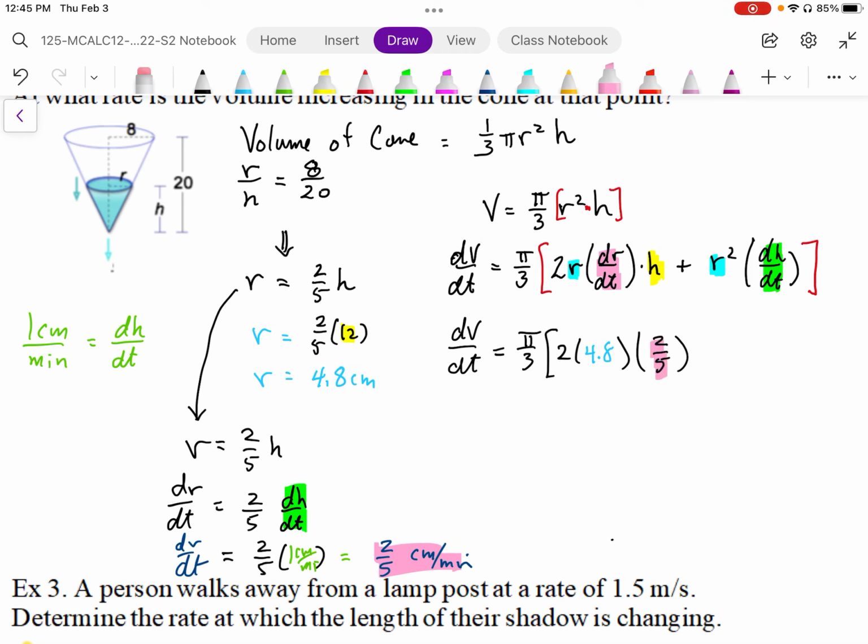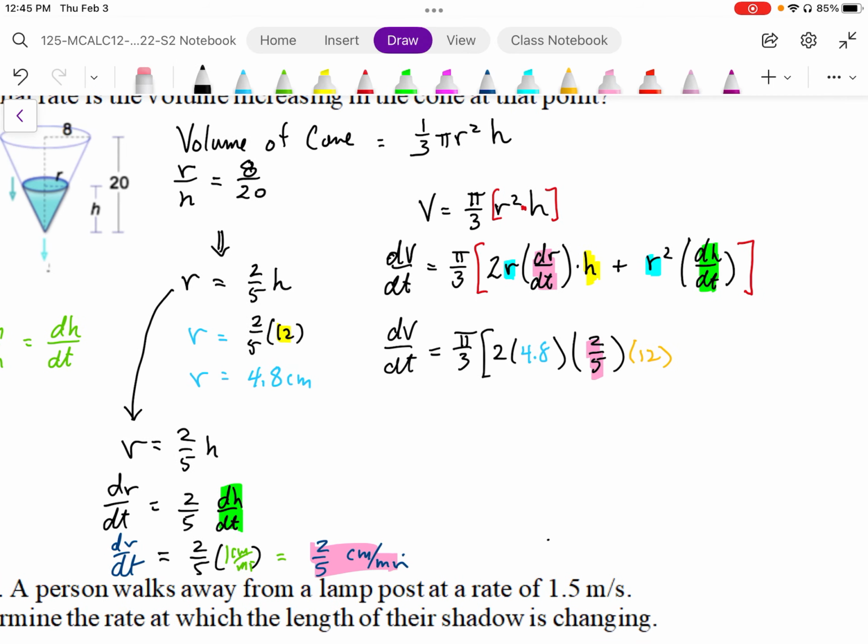My h, I know it's 12 centimeters, plus the r I know is going to be 4.8 squared. My dh by dt, I was given as 1 centimeter per minute. So those are all my parts here. So now as I multiply this all together, I'm going to end up with 1728 over 25. And that's going to be the same as what I had before.